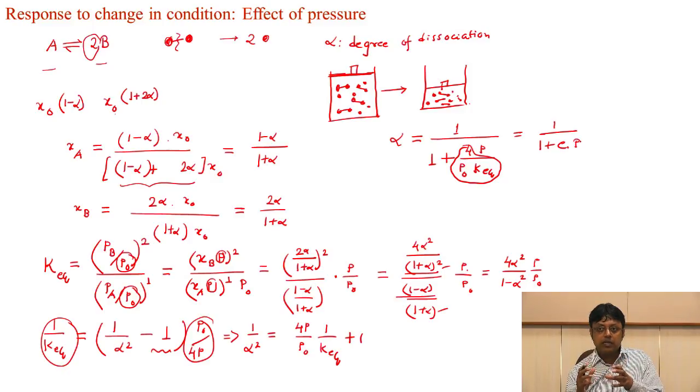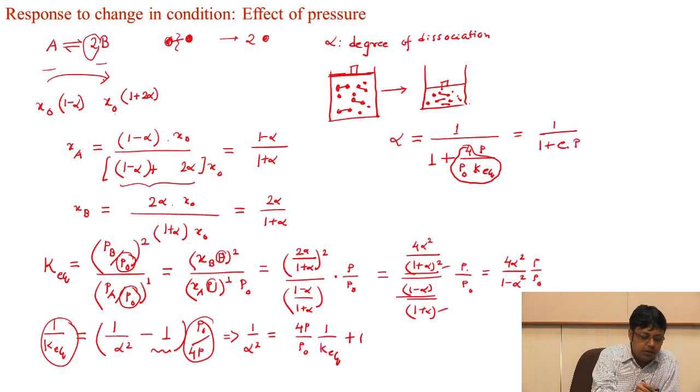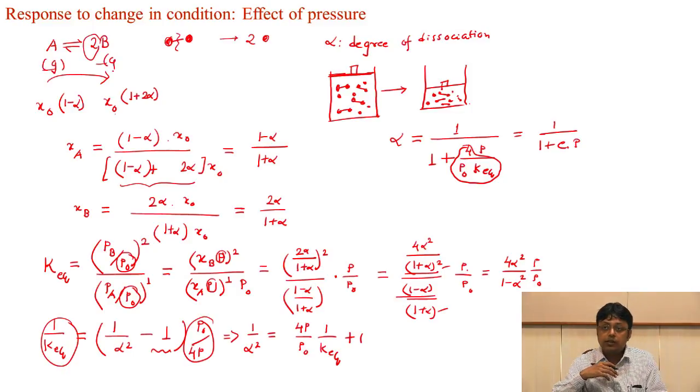Now why is alpha decreasing here? The reason is, if I go from left to right, the pressure is increasing because every molecule of A is giving 2 molecules of B, and initially they are all in gas phase. So the total pressure is actually increasing.